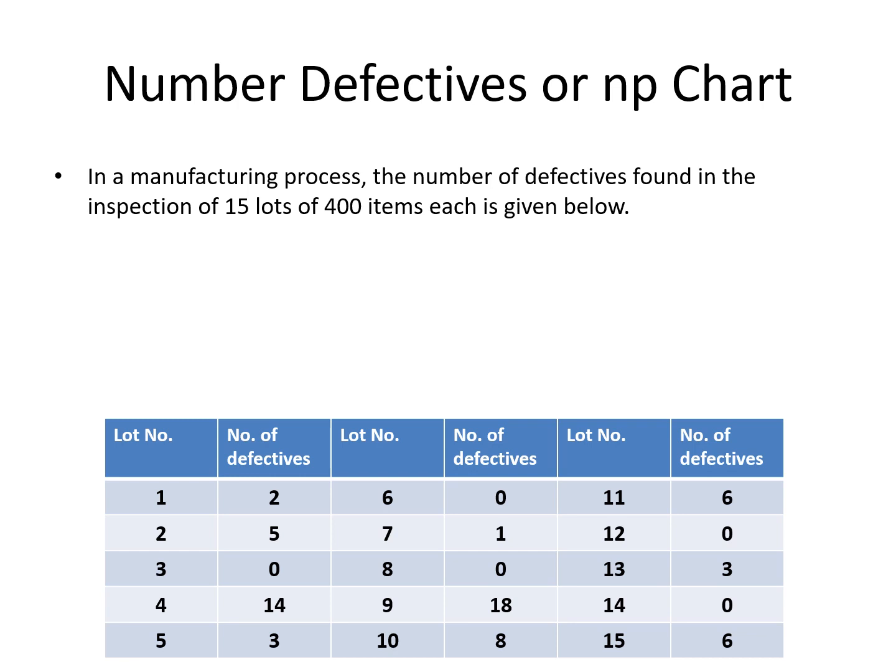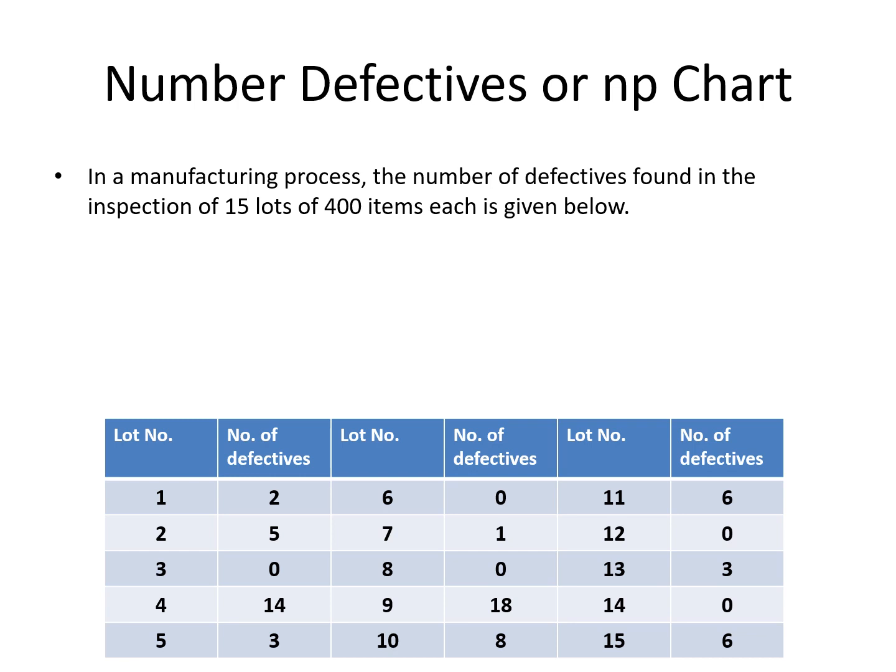Here again we have the samples numbered from 1 to 15, and in each of these samples, which is a sample of 400 units, the number of defective units you see is 2, 5, 0, 14, 3, and so on. So here the numbers are much smaller. The number of defectives within the sample is much smaller as compared to the previous example where we had used the fraction defective chart.